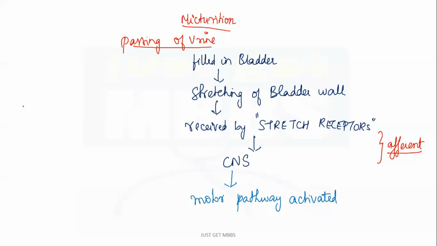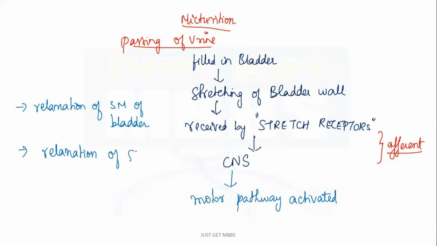So we have got two things. One is relaxation of the smooth muscles of the bladder. That is the first response from the efferent pathway. Second one is relaxation of the sphincter. So basically, the relaxation of the structures will cause voiding of urine.